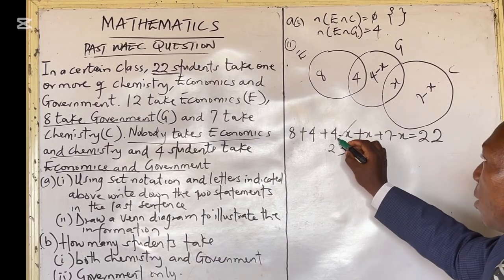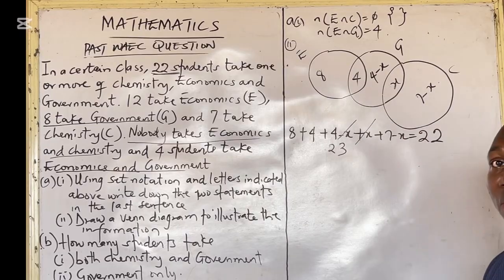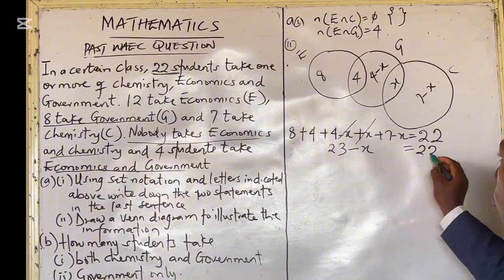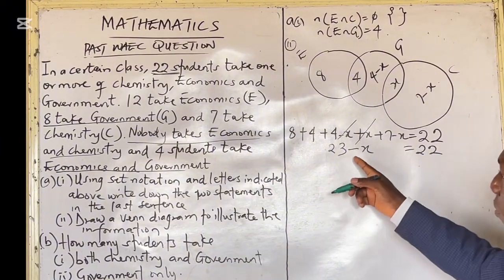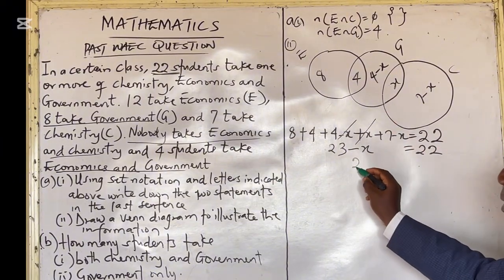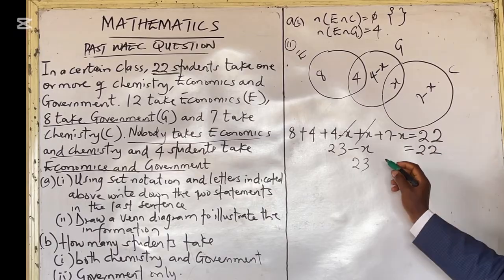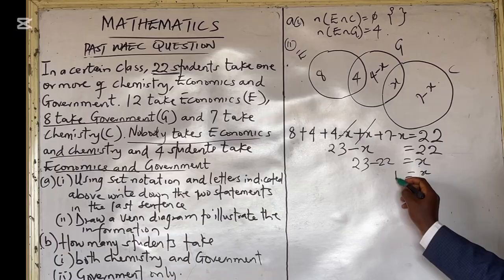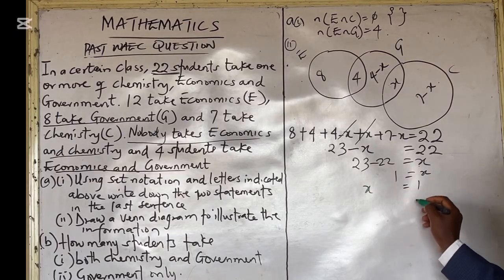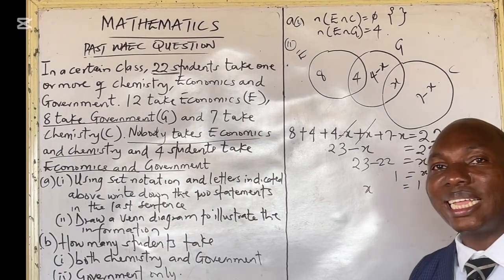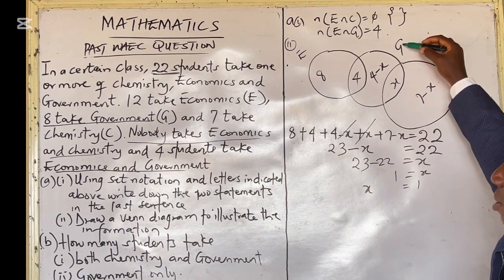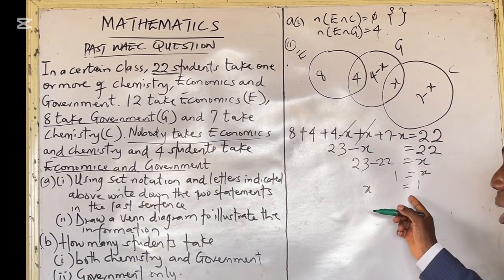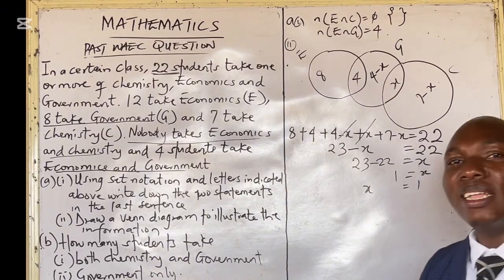And minus x plus minus x, we have minus 2x. So 23 minus 2x equals 22. When we take 2x to this side, 23 minus 22 equals 2x, so x equals 1. So the number of students that take chemistry and government, as illustrated in the question, is 1.